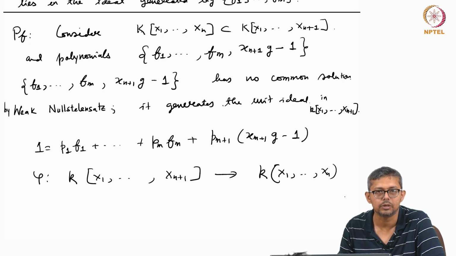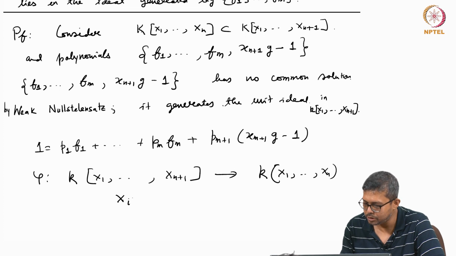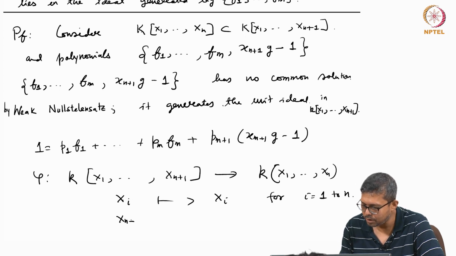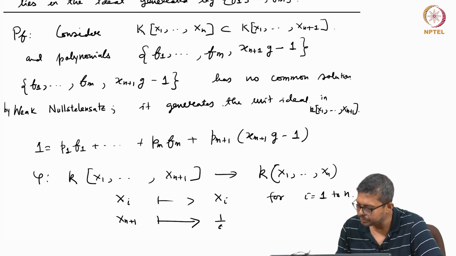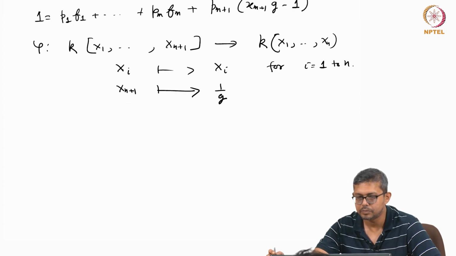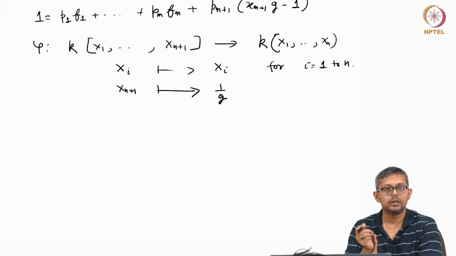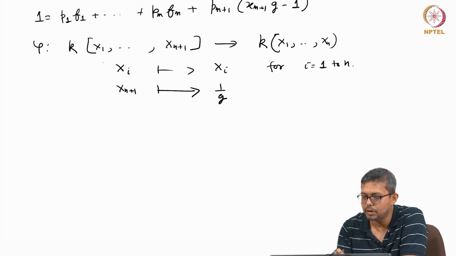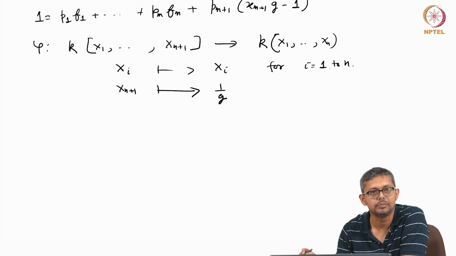You send xi to xi for i equal to 1 to n, and x_{n+1} you send to 1 by g. This is a K-algebra map, so 1 will go to 1.